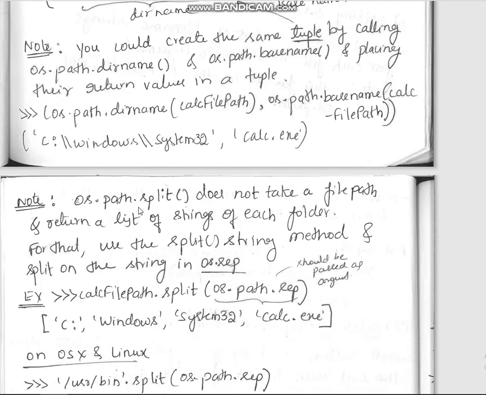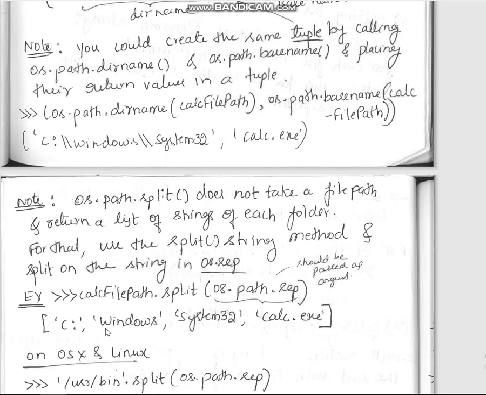So os.path.split does not take a file path and return a list of strings of each folder. For that we use the split string method and split on the string in os.path.sep. So here os.path.sep should be passed as an argument. If you pass it like this to split, you will get the result like this.